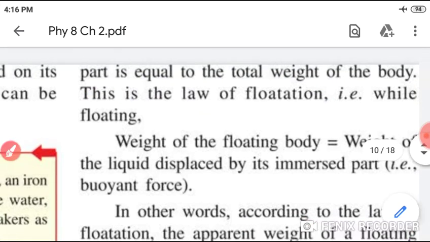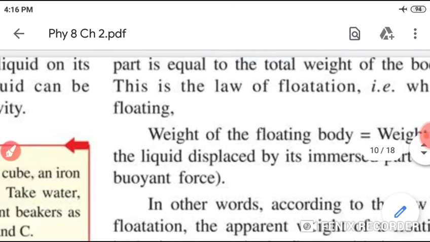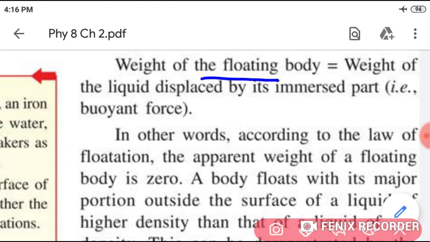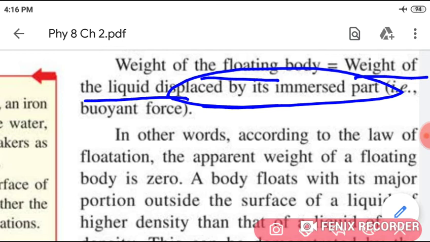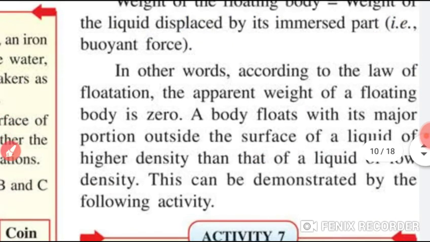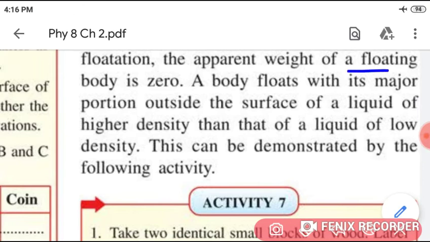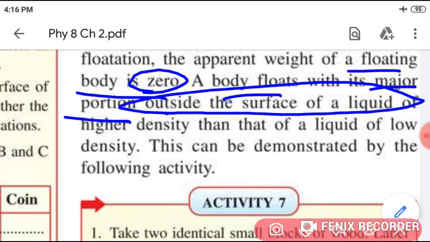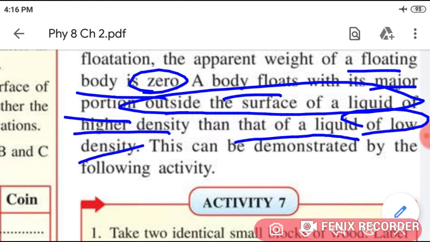That is, while floating, the weight of the floating body is equal to the weight of the liquid displaced by its immersed part. In other words, according to the law of flotation, the apparent weight of a floating body is 0. A body floats with its major portion outside the surface of a liquid of higher density than that of a liquid of lower density.